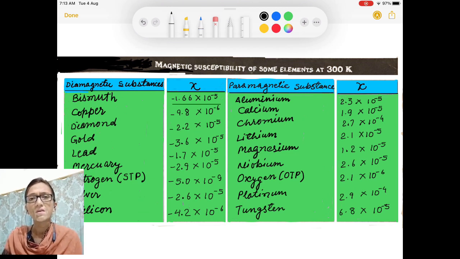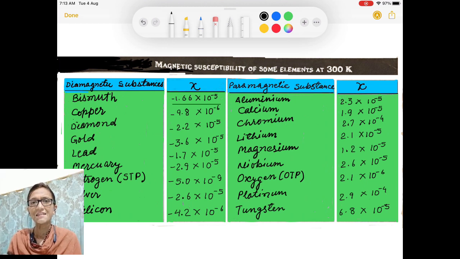Now, you will find that most of the coin elements like copper, gold, silver, all these have properties of diamagnetic substances. You have copper, diamond also, and substances like mercury, lead, all these are diamagnetic substances.